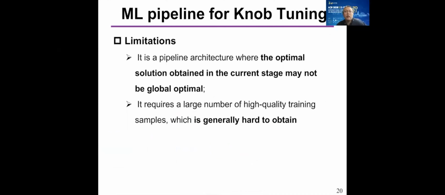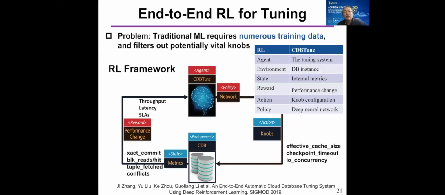With this pipeline architecture, the ultimate solution may not be reached because it may fall into a local optimum, and it also relies on high quality training samples. If we have such training samples, it's okay. But if we have no such training samples, it's rather important to get them.